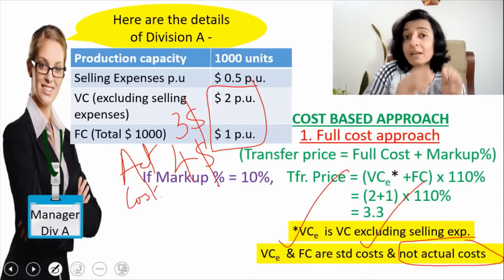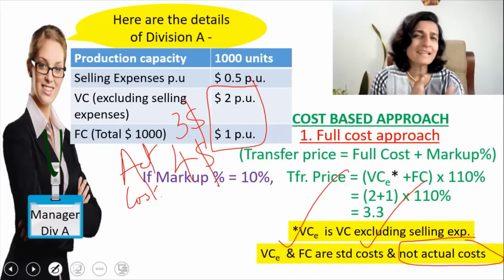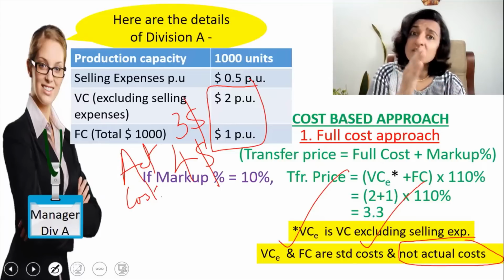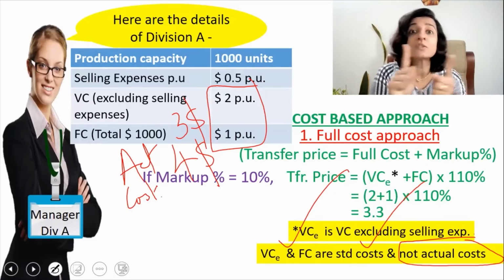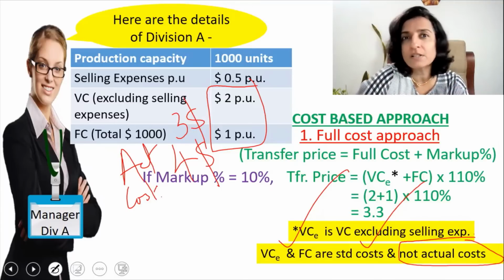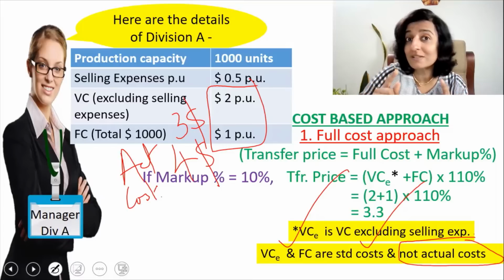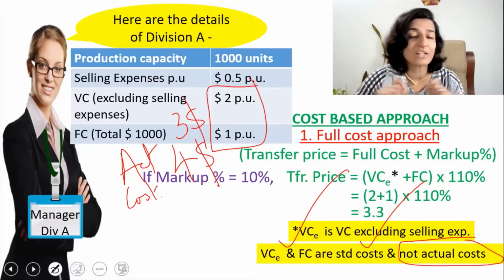Now, if we were to take $4 as the basis for calculating the transfer price, then this extra expenditure incurred because of Jane's carelessness gets passed on to division B. We don't want that. We want Jane herself to suffer because of her carelessness. So it is advisable to calculate the transfer prices based on standard cost and not on actual cost.